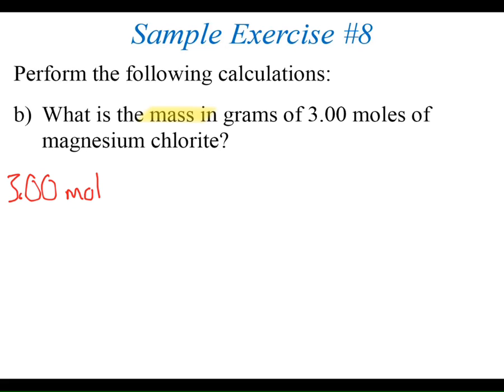Mg is 2 plus. Chlorite ClO2 negative. That's true. So how do I make it balance out? 2 chlorites, yes. Mg, parentheses ClO2, parentheses 2. Okay, add that all up. And then tell me, will the mass go on top or on the bottom on this one?